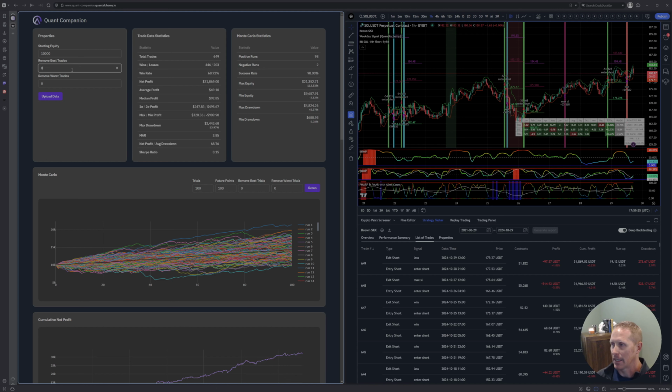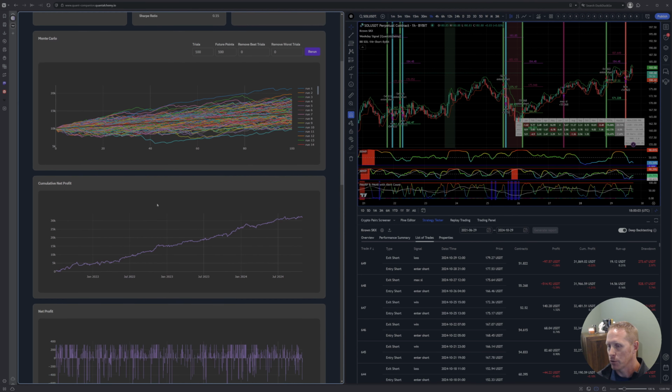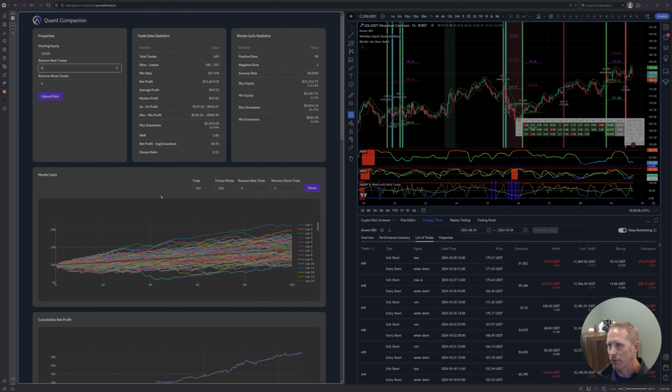And what I mean by that is, if we take a look at our win rate over here, it's 68.72%. And it's still profitable if we're looking at our cumulative net profit here. And what I can start to do is remove trades, specifically the best trades.